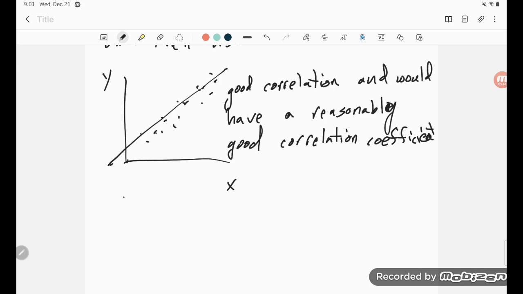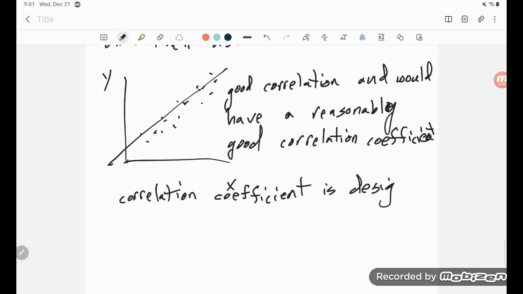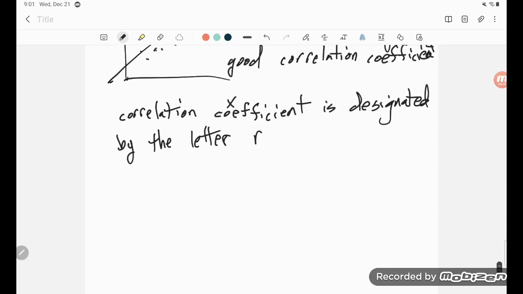So the correlation coefficient is designated by the letter R, and R is between -1 and 1.